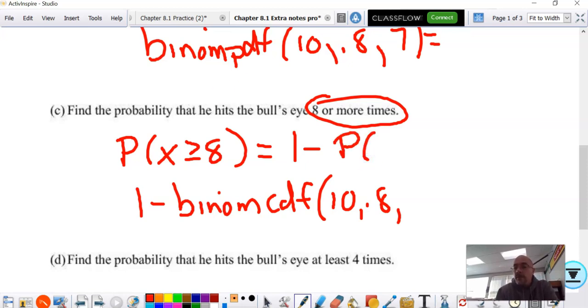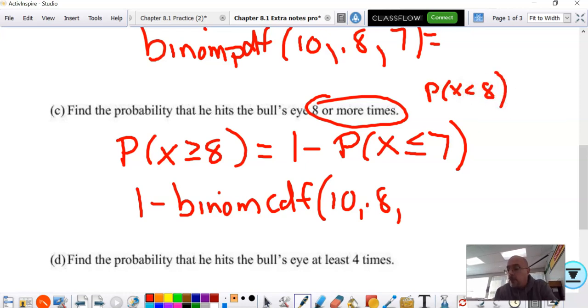Okay, let's think about this, folks. 8 or more. The complement of 8 or more means 7 or less, or you could put x is less than 8, leave the equal to off of it. Okay, so this has to be a 7, folks.